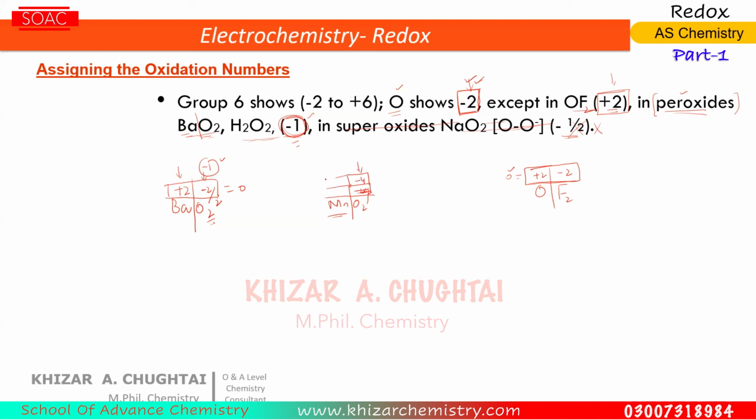According to this -4, manganese will show +4 to make the overall sum equal to 0, as MnO2 is a neutral molecule, not an ion. It is a simple, neutral molecule with an overall 0 oxidation state. It has no negative or positive ion charge. So this is the way to find the oxidation state of different elements.